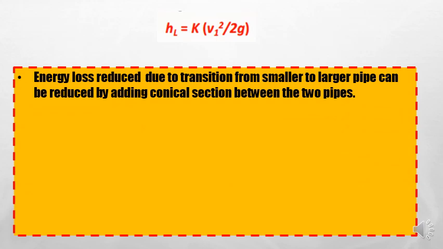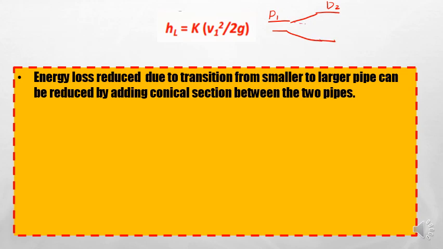What happens is the energy loss in the gradual enlargement is much smaller compared to the energy loss in a sudden enlargement. Why? Because in a gradual enlargement, for example, this is the smaller pipe and we want to move the liquid from the smaller to a bigger pipe here, D2. So we install a conical shape here.